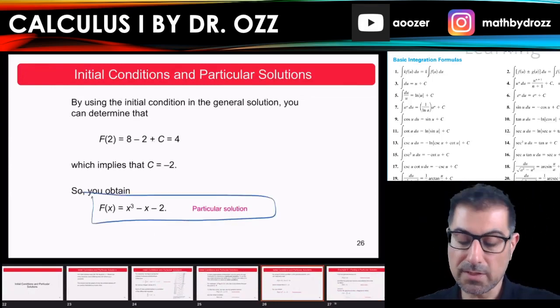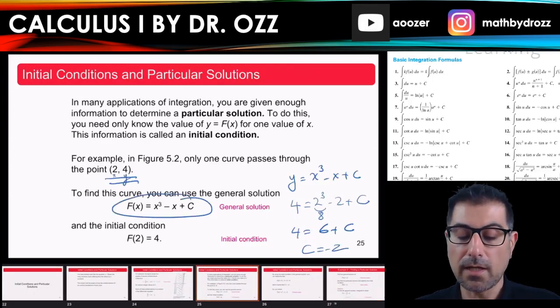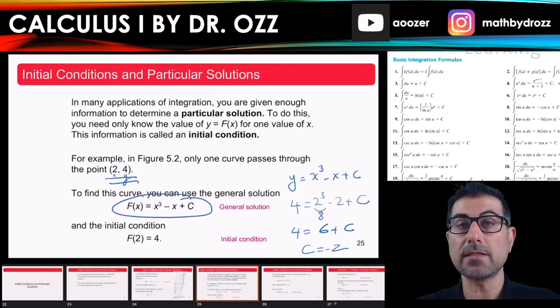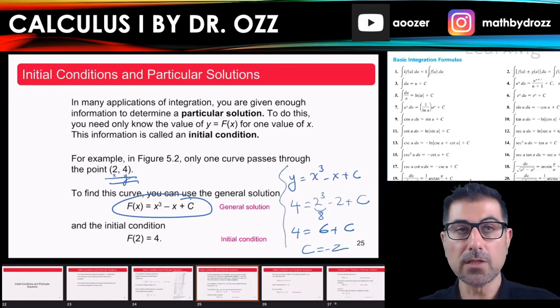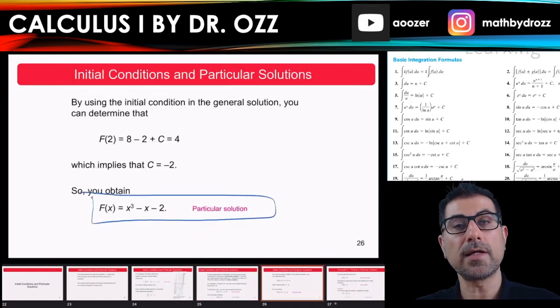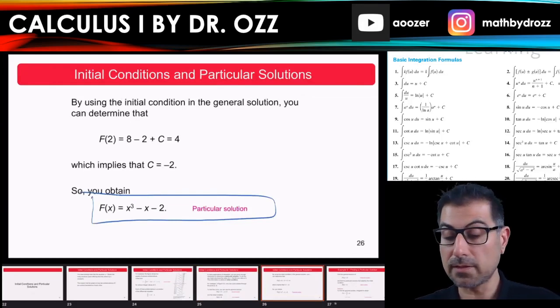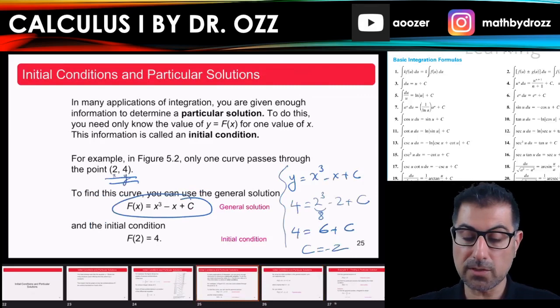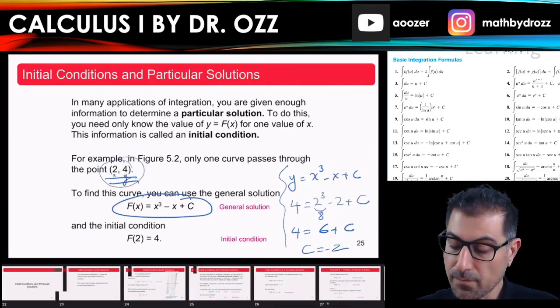Using function notation, this is the form of the general solution, and you want f of 2 to be exactly equal to 4, which is the same thing I mentioned here. So you end up having x cubed minus x minus 2 as the particular solution corresponding to this initial condition. You want your curve passing through (2, 4), right?